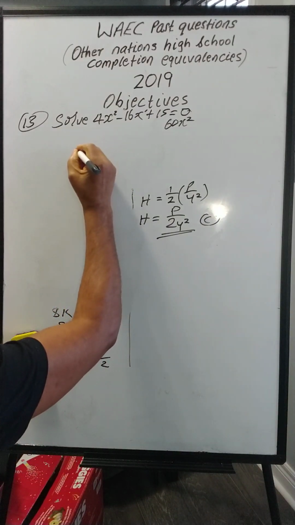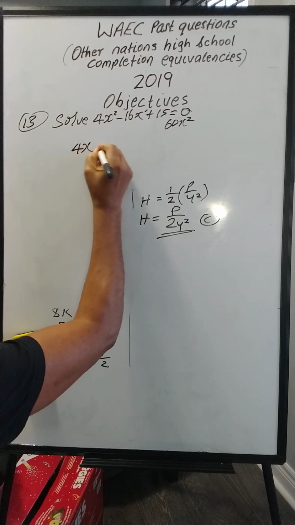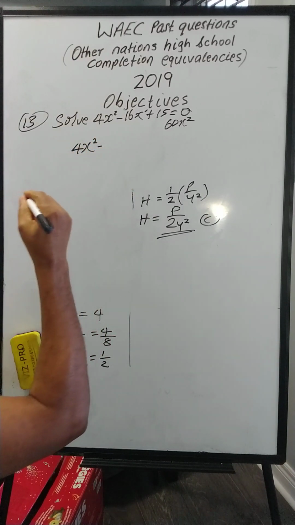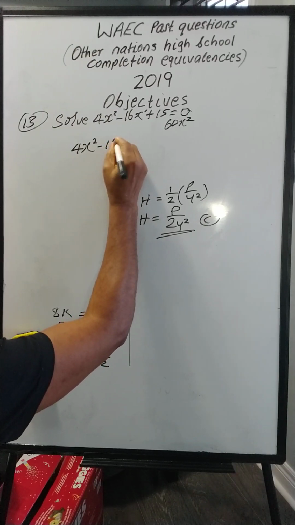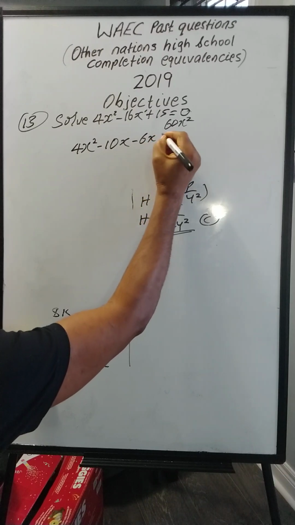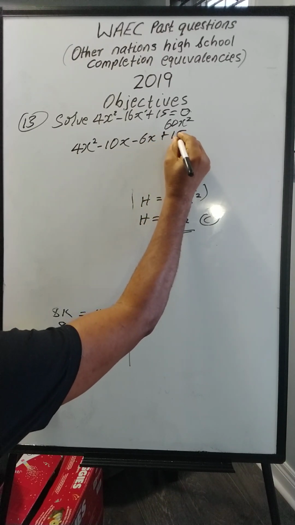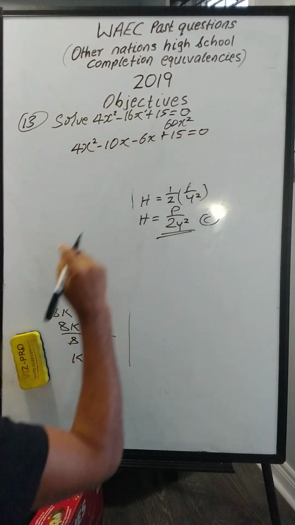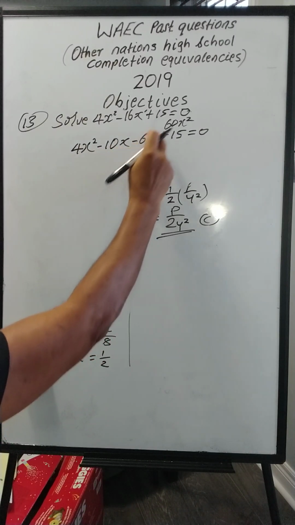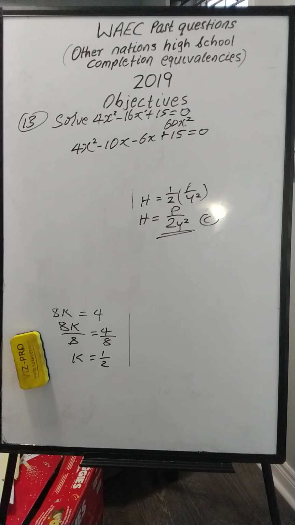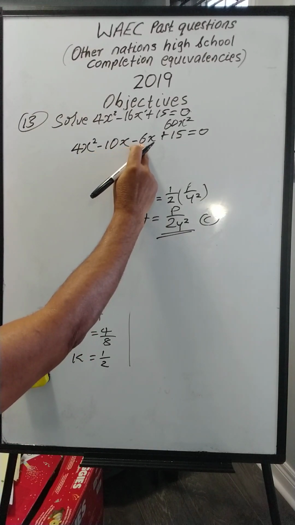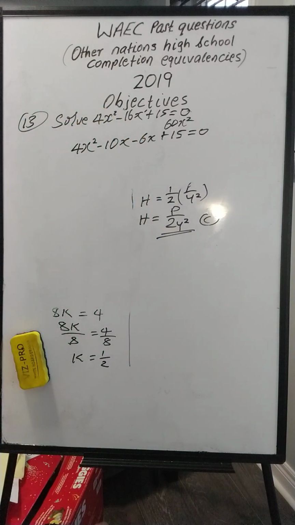And that will be 4x squared minus 10x minus 6x plus 15 equals 0. Minus 10x times minus 6x will give us 60x squared. Minus 10x plus minus 6x will give us minus 16x.